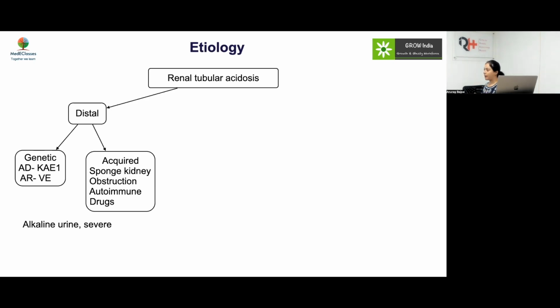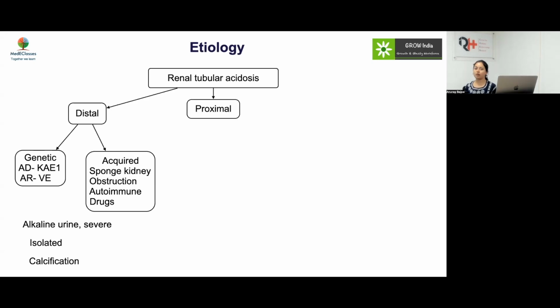The primary pathology here is defective acidification of urine, and therefore there is alkaline urine and more severe metabolic acidosis. It is an isolated condition, meaning that no other molecules or ions are lost as a result of distal RTA, and it is associated with nephrocalcinosis or urinary stones because there is no citraturia happening in distal RTA.